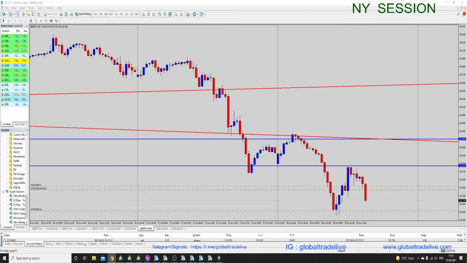So anybody took this trade? Now 17-18 pips up, and at this point I'm gonna put my stops at break even, because now we have come far away.